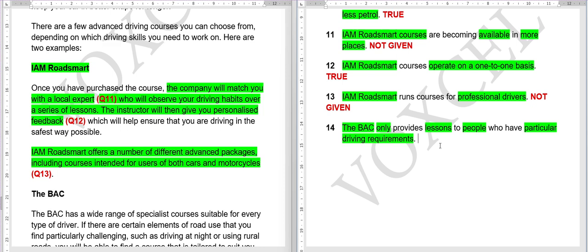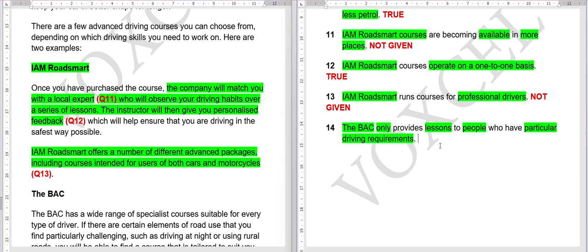If you are right hand side driving, how to judge your left side. If you are left hand side driving, how to judge your right hand side. Or maybe how to climb a hill, how to reverse a car, how to parallel park. So there may be some kind of particular driving requirements of that particular person.